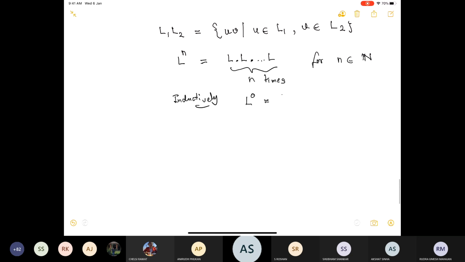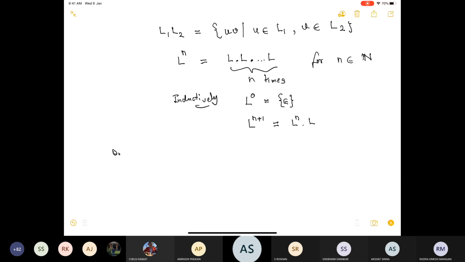Remember, epsilon is a string, and this is a language. And then L to the power n plus 1 is just L to the power n followed by L.